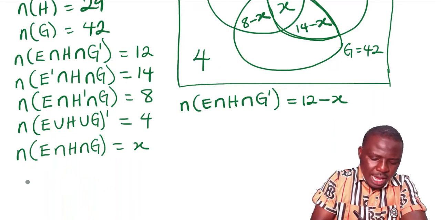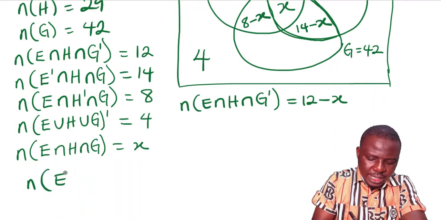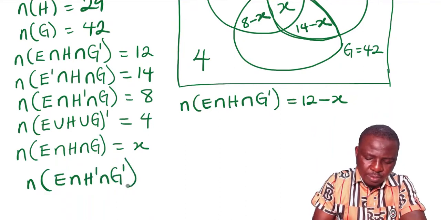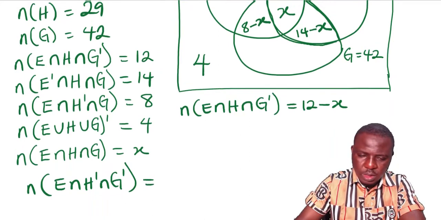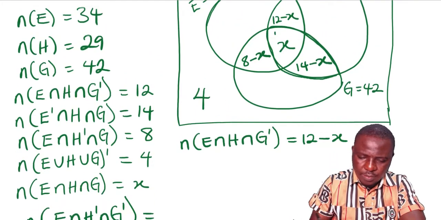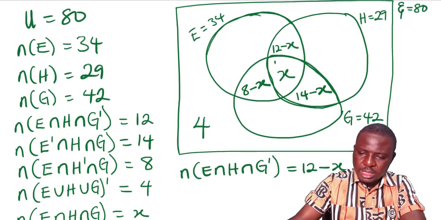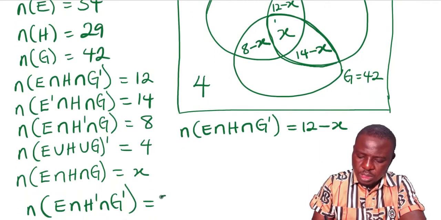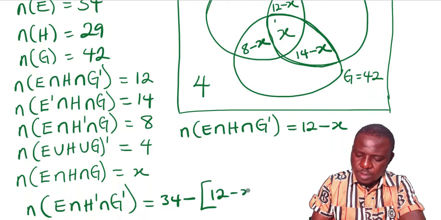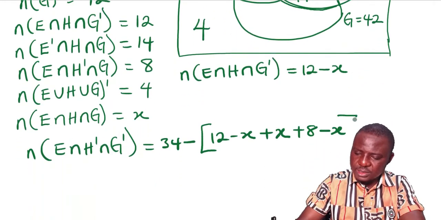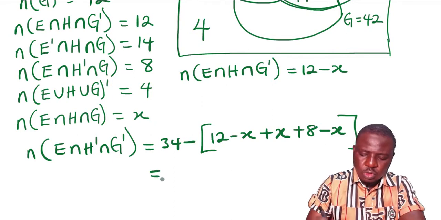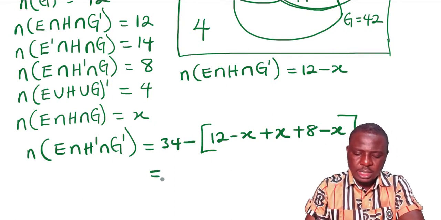So n of English intersection history prime intersection government prime is equal to, I'm going to subtract them all from 34. So this becomes 34 minus, in brackets, 12 minus x plus x plus 8 minus x. When you simplify this, you are going to get the number of students who offer only English.